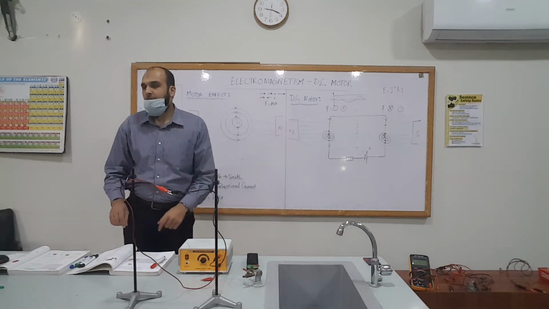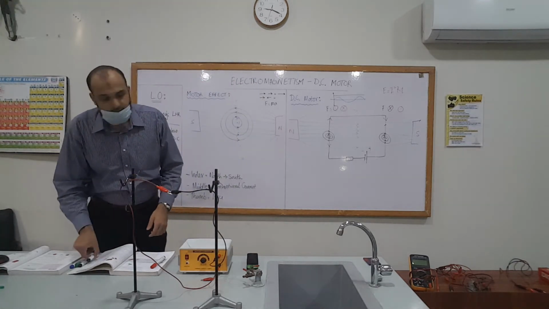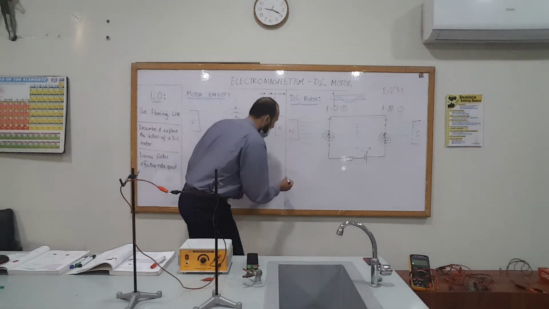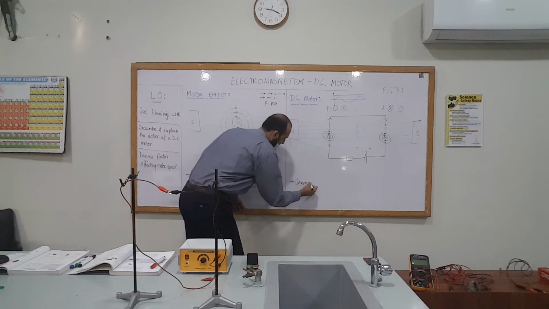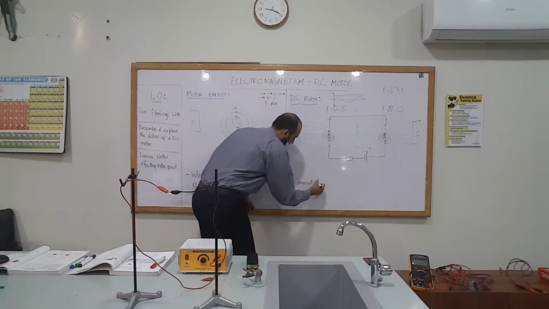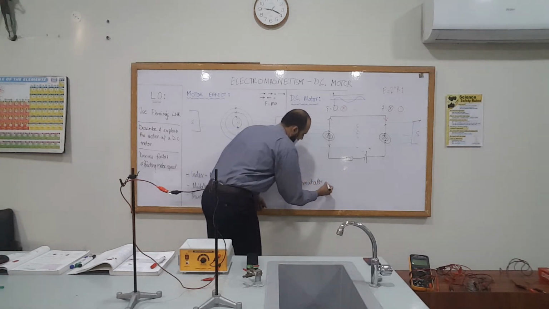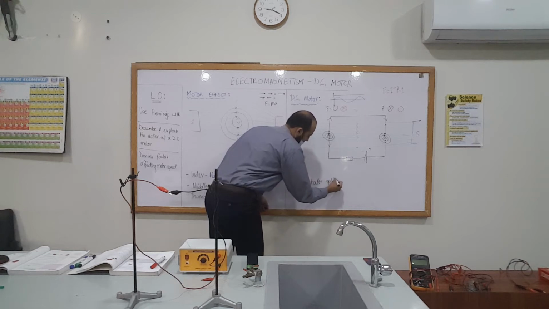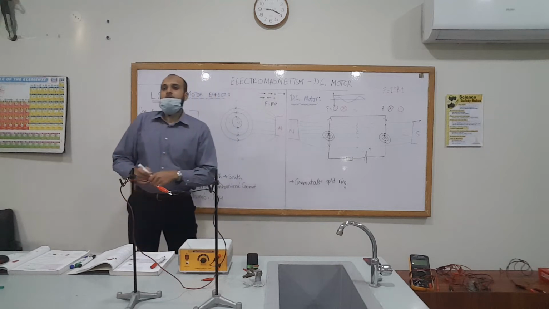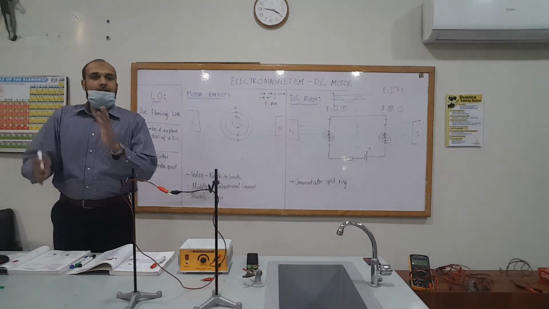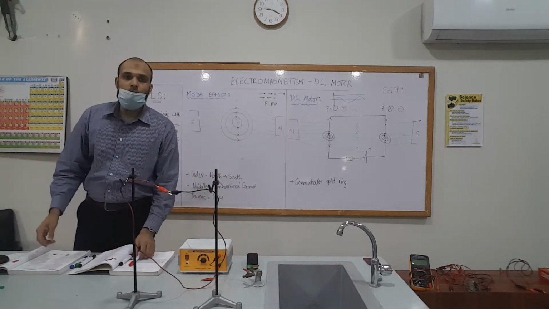So for this job we use something known as a commutator split ring. Okay? So this is known as a commutator split ring. It's a ring that's split in the middle, and all your connections are made through this device.